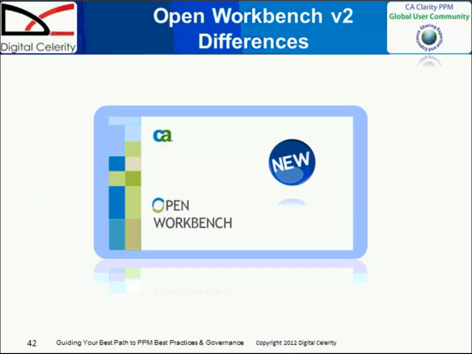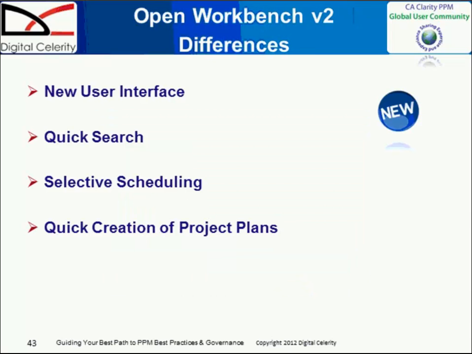I'm just going to briefly go through some slides for some changes in Open Workbench that, if you're an Open Workbench user, you'd find very useful. Basically, within Open Workbench the big changes are that it's a new user interface, which is very nice to navigate.